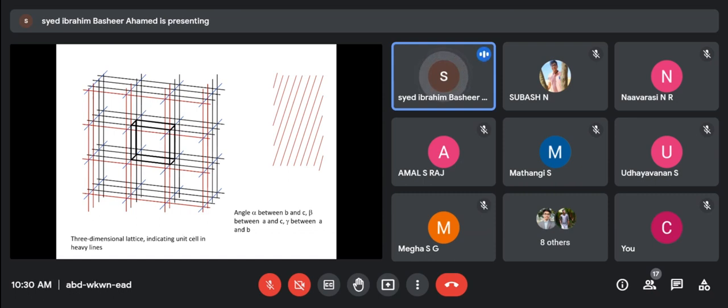Here you have the directions. You can assume an x-axis, y-axis, and z-axis, and you can imagine all this.